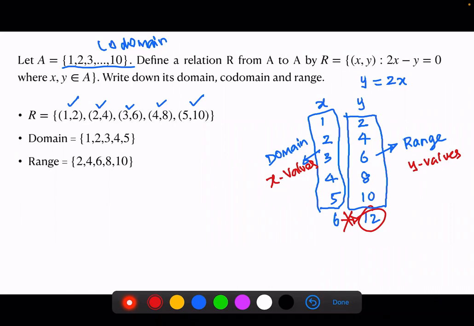Sorry, I made a mistake. In the codomain, the odd numbers are not connected, right? So these are not connected: 1, 3, 5, 7, and 9. Yes. They are not connected.